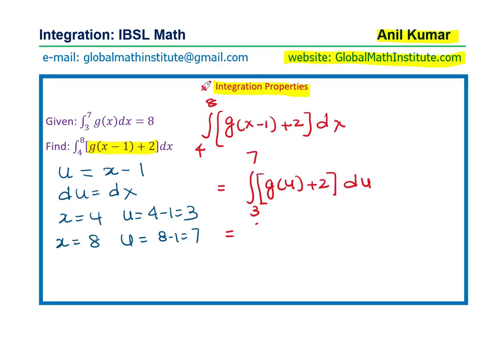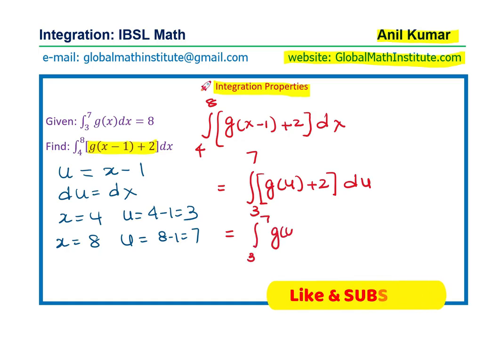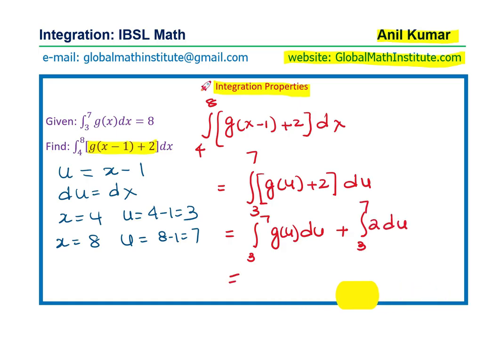So what we get is the integral from 3 to 7 of g of u du plus the integral from 3 to 7 of 2 du, right? And the integral of g of u du is already given to us as 8. So the first part is 8, right? Plus the integral of 2 is 2x.